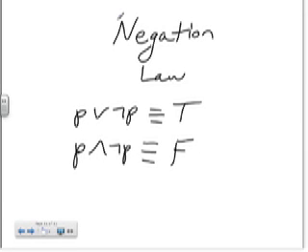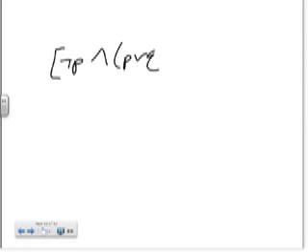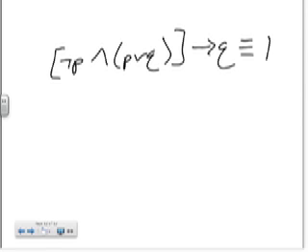Using these laws, we're going to prove that the statement not P and P or Q implies Q is equivalent to a tautology.